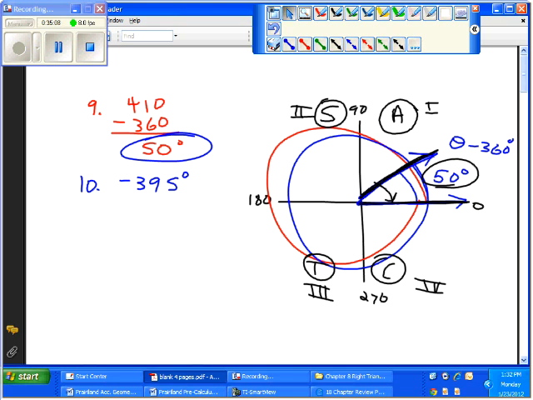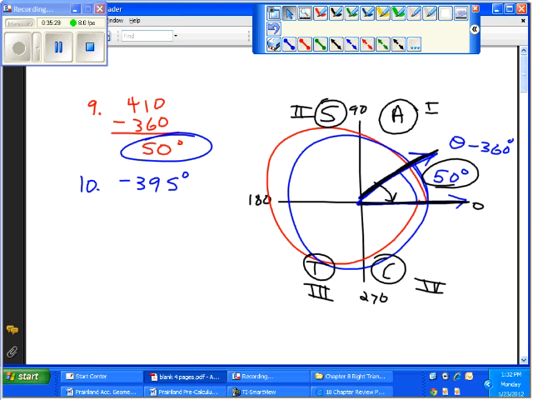And we say A Smart Trig Class to remember that. So you don't really have to know if it's positive or negative. You just need to know what quadrant it's in, because we're going to know whether sine, cosine, and tangent are positive in every quadrant. So that's how we'll determine if the final answer is positive or negative. Okay? So anyway, yeah.